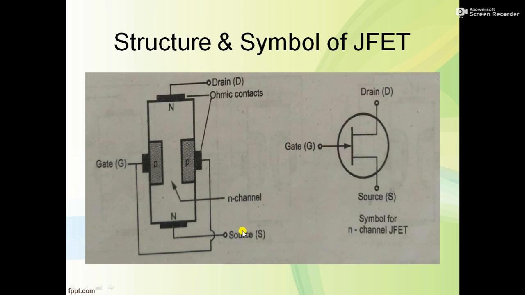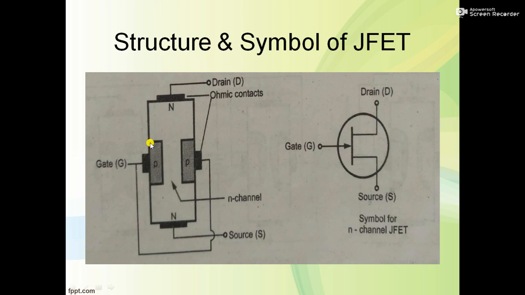And next, the electrons in the N-type material enter the channel through one terminal, that is called the source, and the same electrons leave the region through another terminal, that is called the drain terminal.